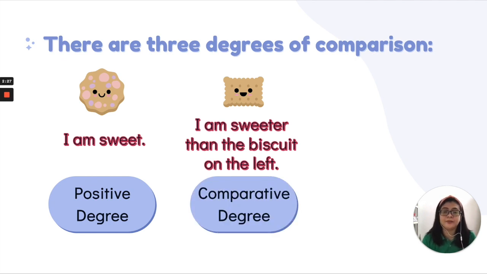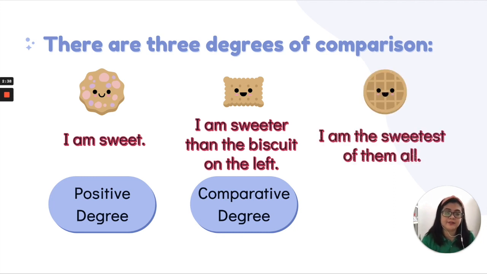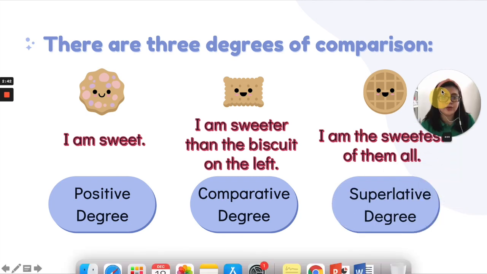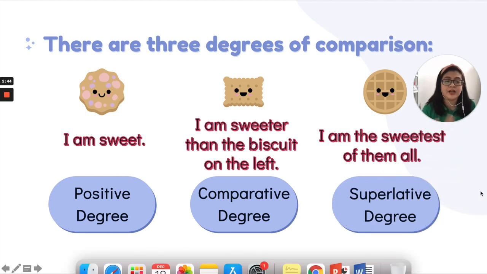If you are comparing two nouns, like this biscuit saying, I am sweeter than the biscuit on the left, that's comparative degree. And then the third one is the superlative degree. We're comparing one noun to the rest of the nouns. I am the sweetest of them all. So we have the positive degree, comparative degree, and superlative degree. Now let's discuss them one by one.